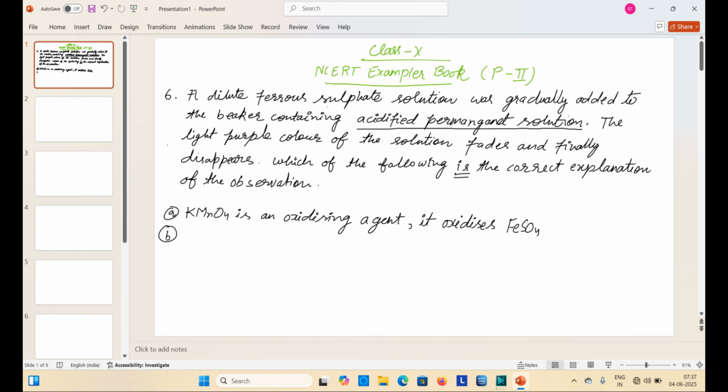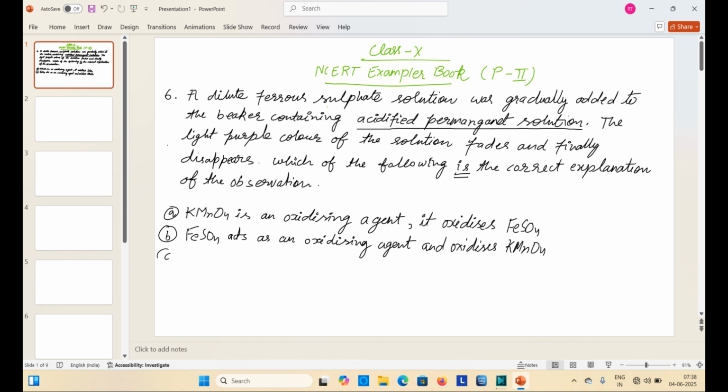The second option is saying that FeSO4 acts as an oxidizing agent and oxidizes KMnO4.